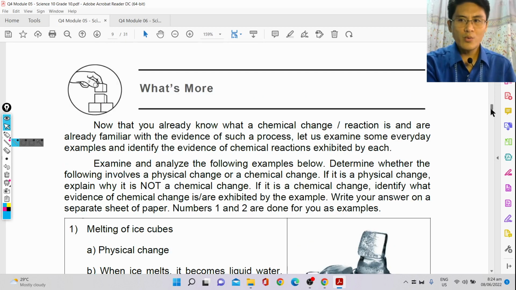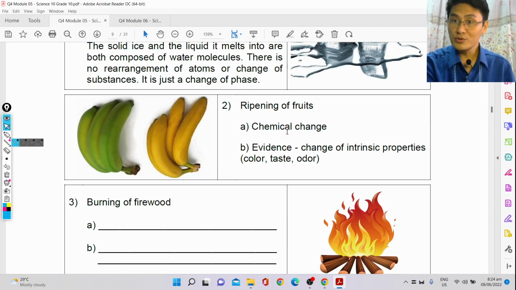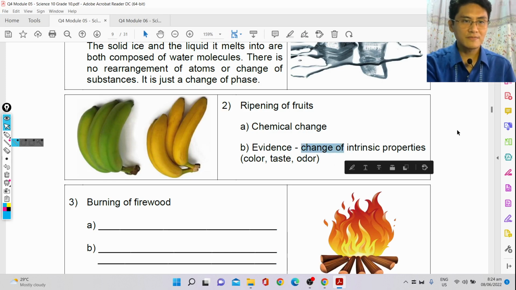So now with that in mind, you should be able to know, for example, if melting of an ice cube is a physical one, or if ripening of fruits, remember, taste the unripe fruit and taste the ripe fruit. Do they taste the same? If not, then it's a chemical change. And you know, the evidences for that are change of intrinsic properties, right?